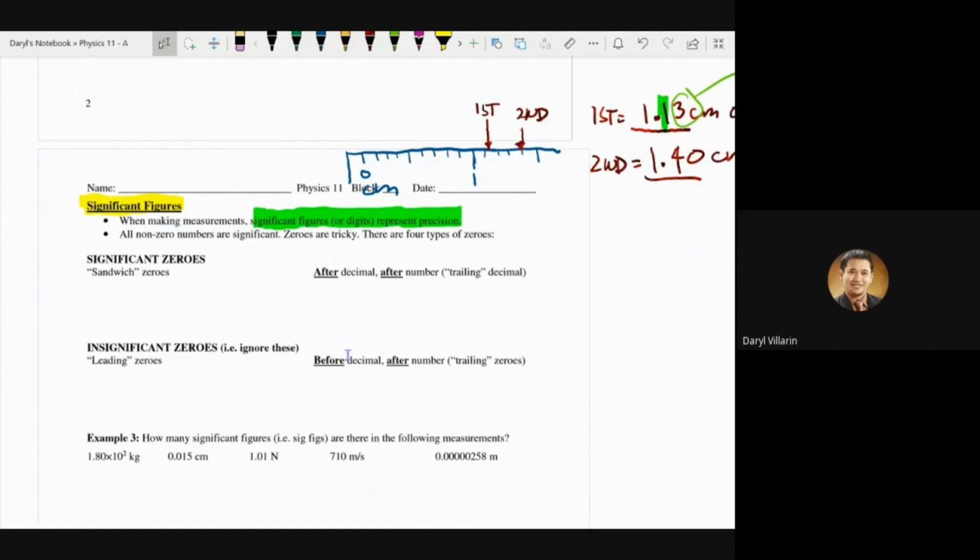Okay? So that means that even for your stopwatch, if your stopwatch can only read 0.01 second, then at least the last digit there is somehow your doubtful figure, especially if you are using a digital clock, for example. Okay.